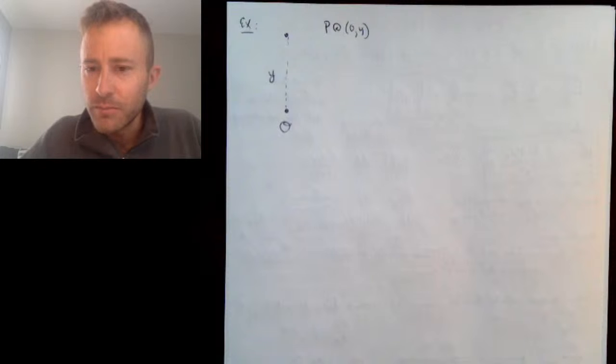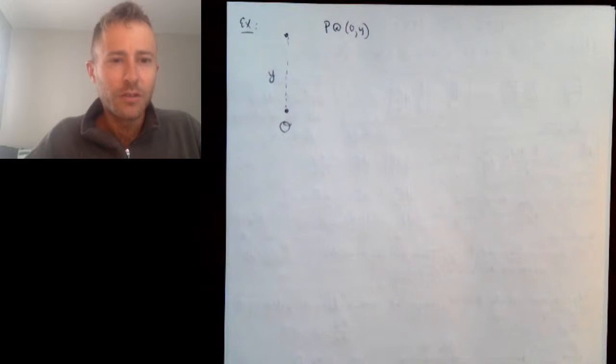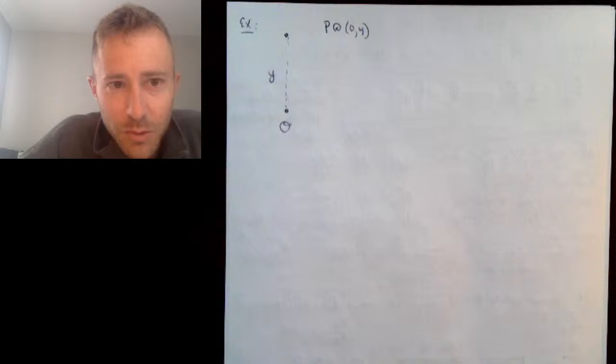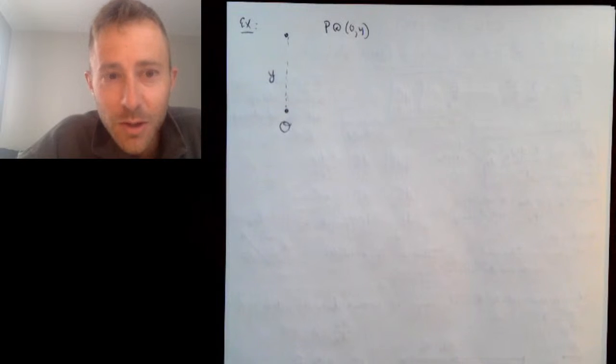Good question. There's a question in the chat. How do you have infinity as a bound of integration? So if you have infinity as a bound of integration, it's what's called an improper integral.